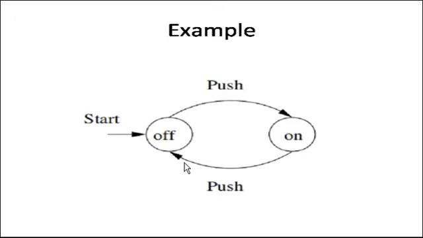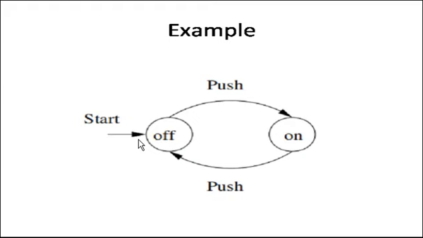One of the states in the FA is designated as the initial state or the start state, that is, the state in which the system is initially placed. In our example, the off state is the start state and is represented by an arrow pointing to the state. Then there has to be one or more final states or accepting states.